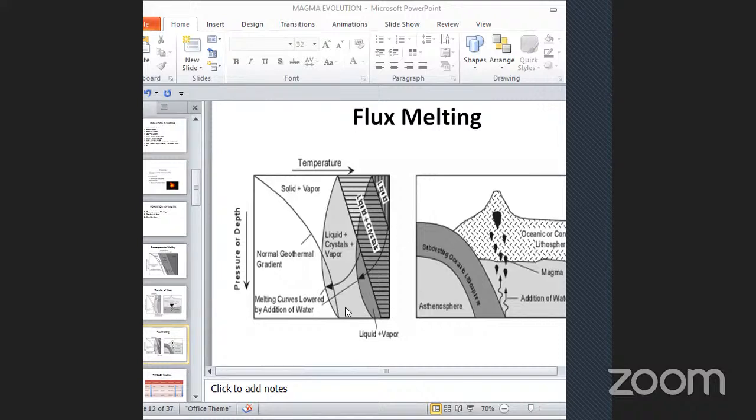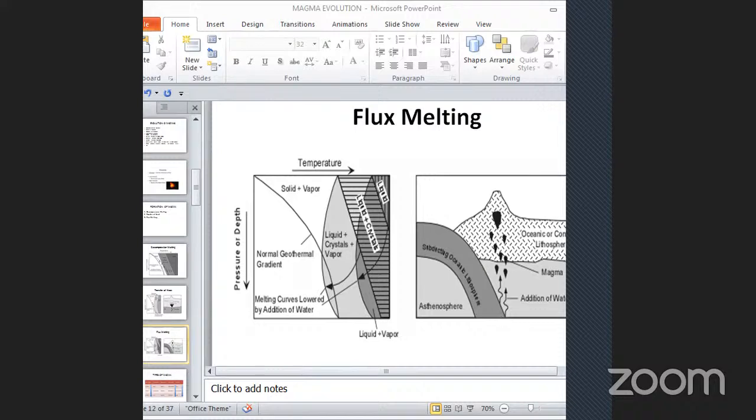Subduction zones. Here water is present in the pore spaces of the subducting sea floor, or water is present in minerals like hornblende, biotite, or clay minerals, right? Those would be released by the rising temperature and then move into the overlying mantle of the earth.